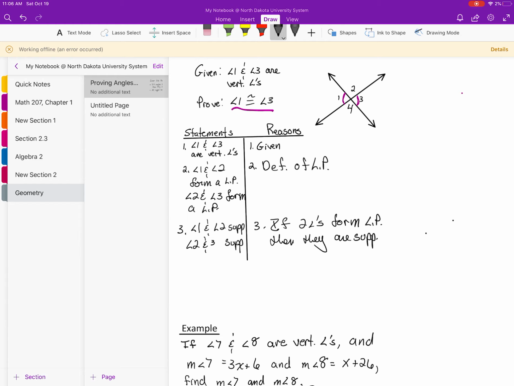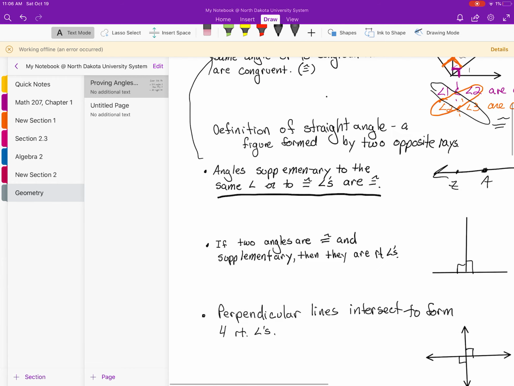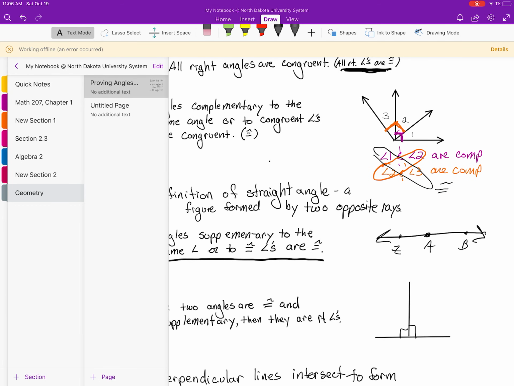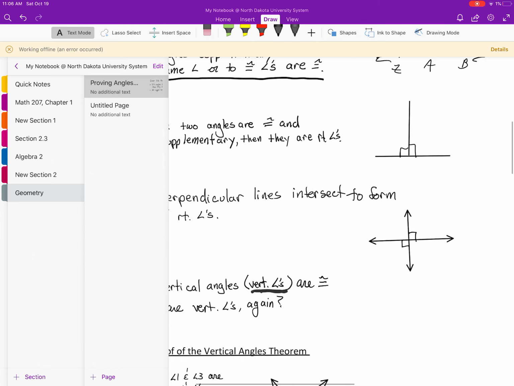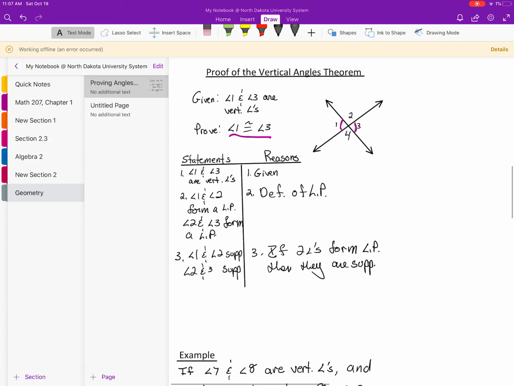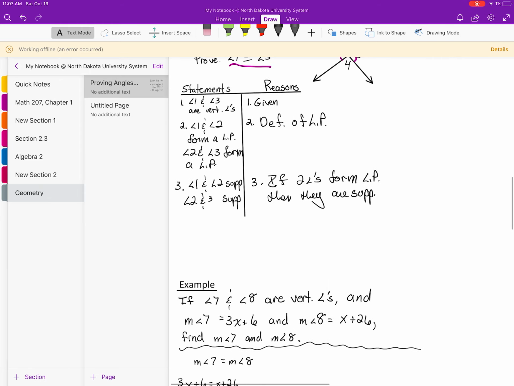Okay. Well, didn't we just see something up here? I want to say right about here. What we can do if angles are complementary to the same angle. And we can do the same thing with supplementary angles, right? If two angles are supplementary to the same angle, then they are congruent.